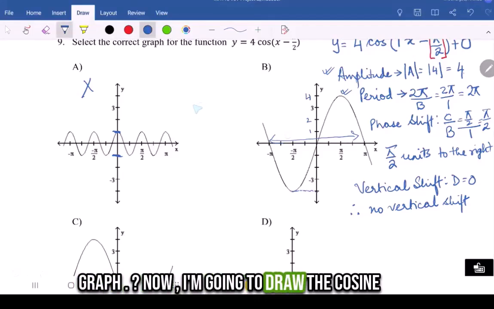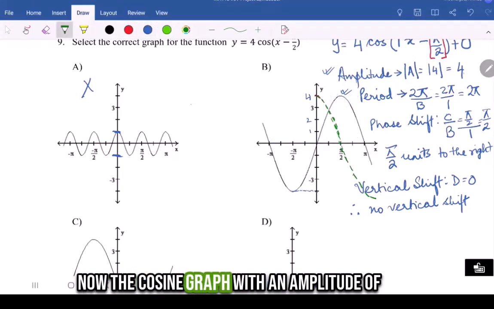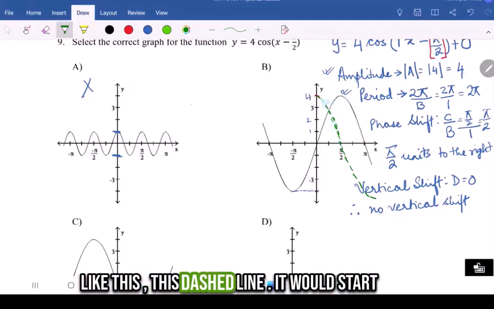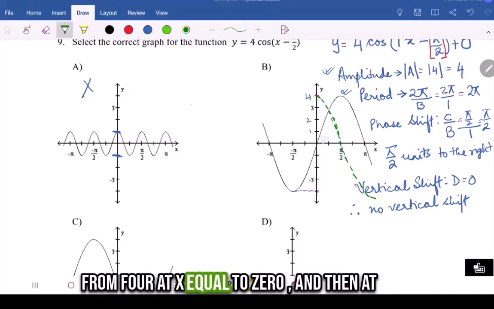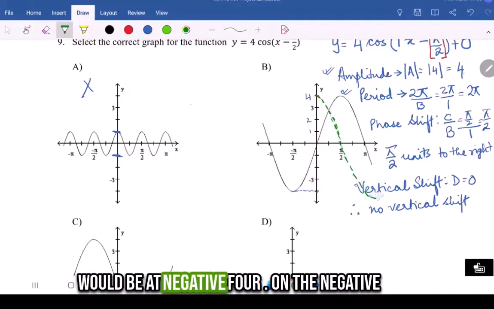Now I'm going to draw the cosine graph here. The cosine graph with an amplitude of 4 and with no phase shift would extend like this. This dashed line would start from 4 at x equal to 0, and then at pi over 2 it would be at 0, and then at pi it would be at negative 4.